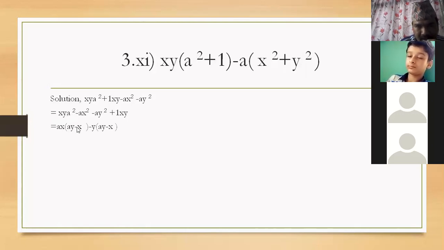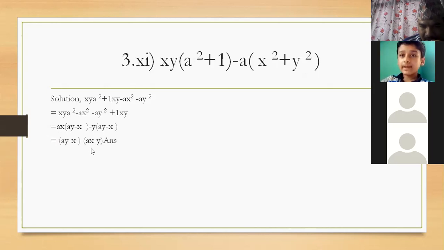Ay is remaining here, and minus x is remaining in the second. And here take minus y common, and ay minus x remains. Because in the plus sign there are two minuses, one minus is common and one minus remains here. Okay, children. Now ay minus x is common, and ax minus y is remaining in another bracket.